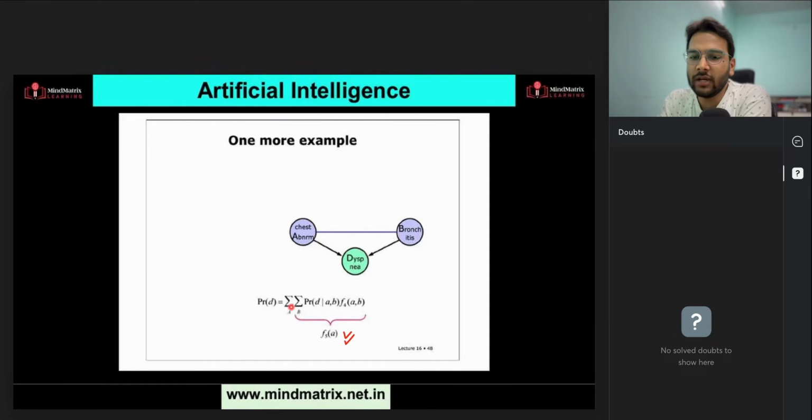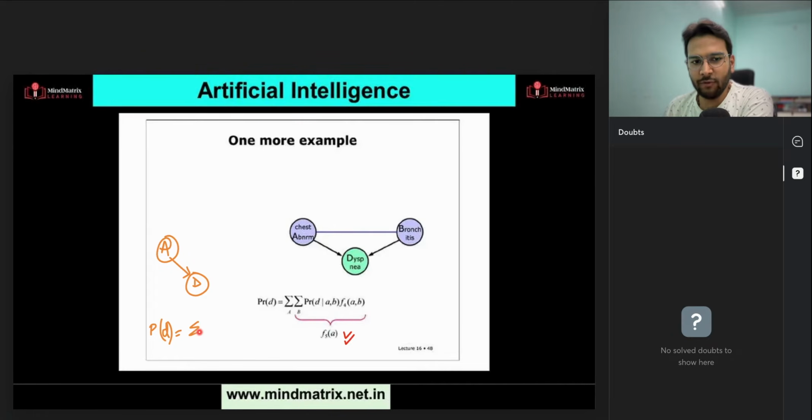We have summation over A, summation over B, probability of D given A comma B times F4 of A comma B, right? Now first we are doing summation over B, so we can remove B. So ultimately you will have this thing only: A, and here it should be D, correct? And this is nothing but the probability of D.